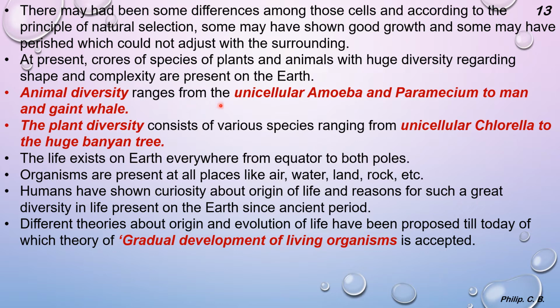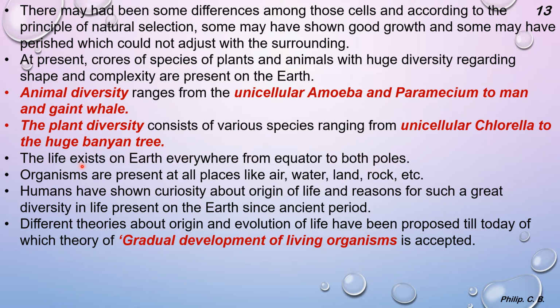Animal diversity ranges from unicellular amoeba and paramecium to man and giant whale, as you saw in the image. The plant diversity consists of various species ranging from unicellular chlorella to the huge banyan tree. Now you can see chlorella is an algae species, and a huge banyan tree. So you can see the difference in the range of species which are formed.